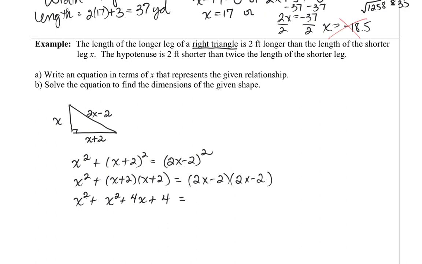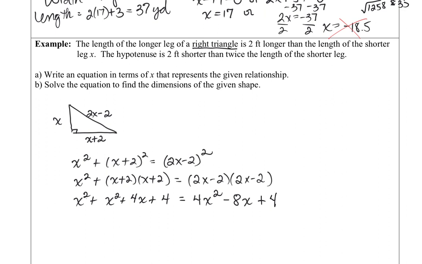Now I've got 2x times 2x, that's 4x squared. And then I've got negative 4x and another negative 4x. So 2 negative 4x's is negative 8x. So 4x squared minus 8x, and then last is plus 4.